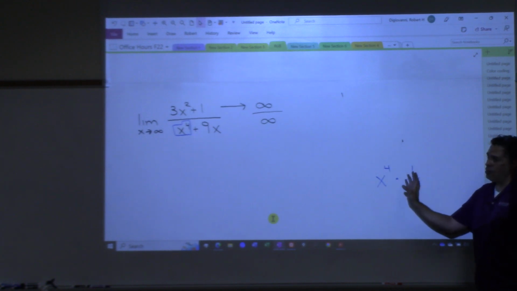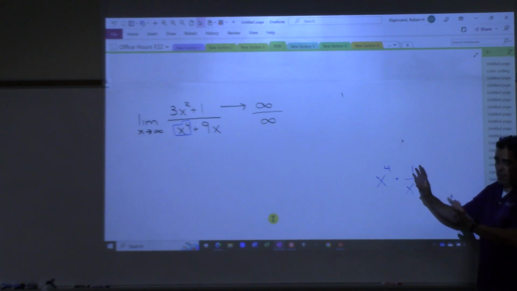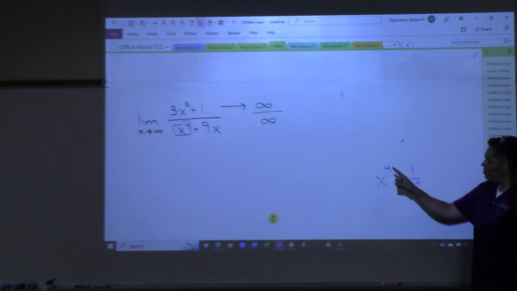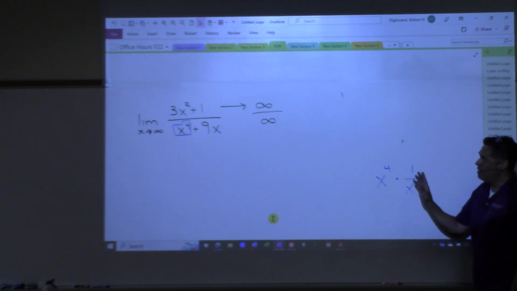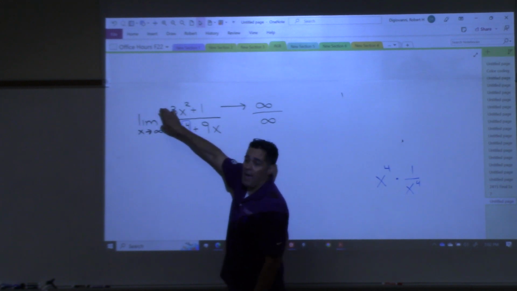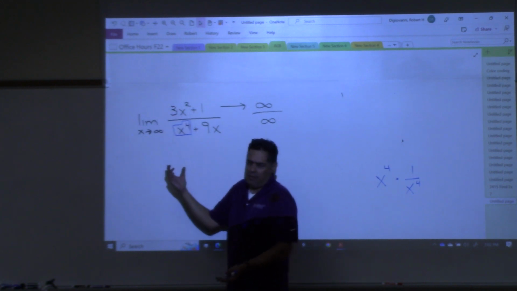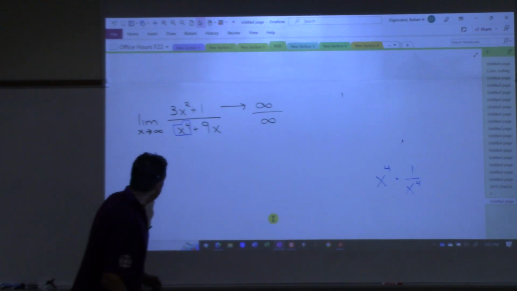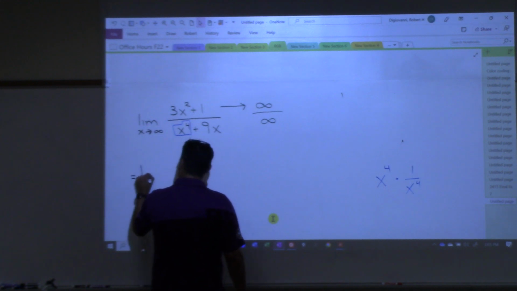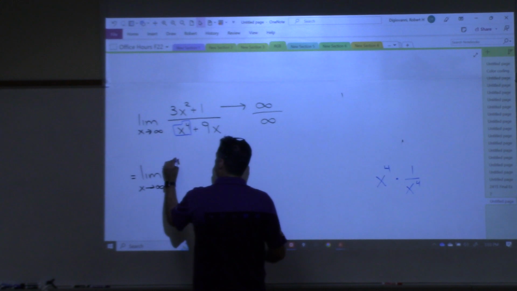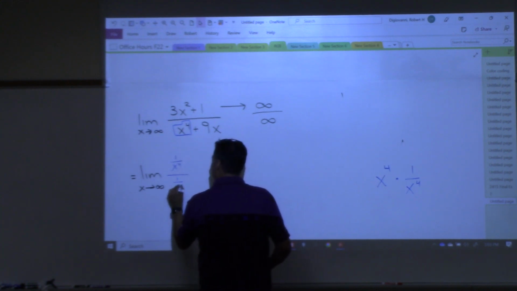I want to turn it into a 1, and I'll discuss why after I finish the problem, and hopefully it'll make more sense when I'm done. So I need to turn that into a 1, so I'm going to multiply it by this. Now, if I do that, I have to multiply it out here in front. What I do to the bottom, I have to do to the top. I can't just arbitrarily multiply the bottom by 1 over x to the 4th. So I'm going to do this on my next line. Limit as x goes to infinity, up top I do 1 over x to the 4th, and on the bottom I do 1 over x to the 4th.